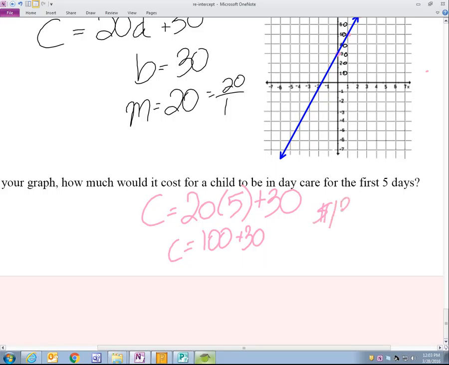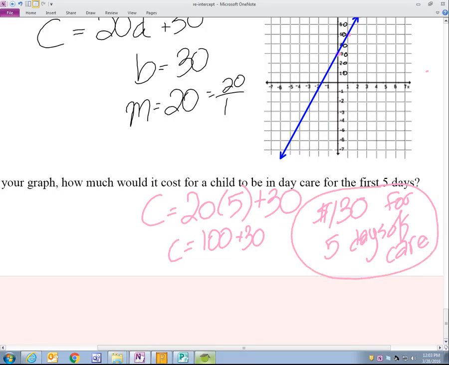So it would cost me $130 a work week. $130 for 5 days of care. Yes, child care is very expensive.